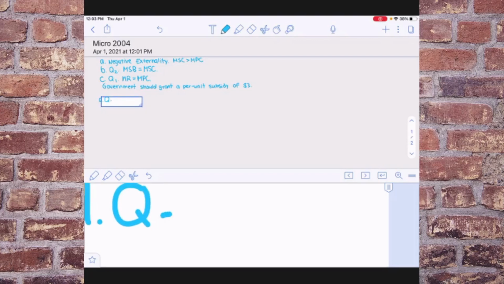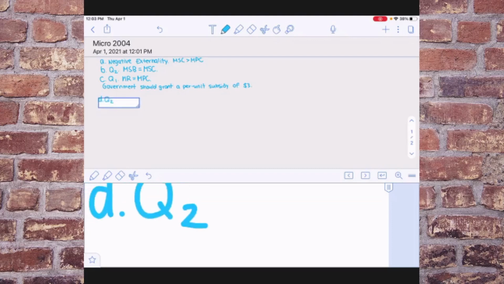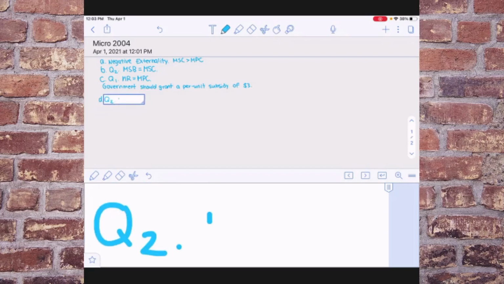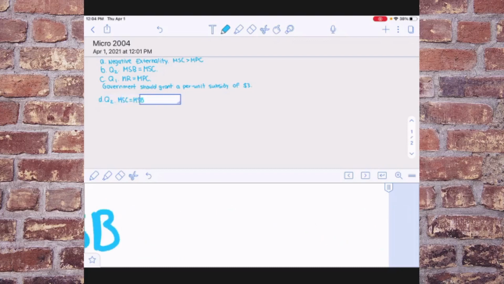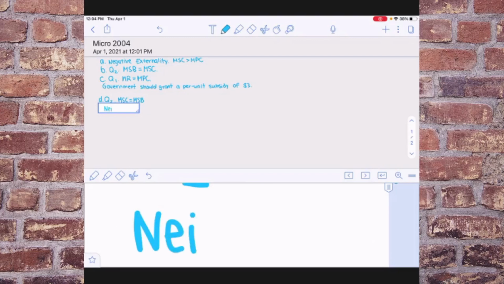Let me just erase that. Good. And we said marginal social cost is equal to marginal social benefit. So MSC is equal to MSB. And then it wanted to know about a tax or subsidy. We said neither. And we said 0.